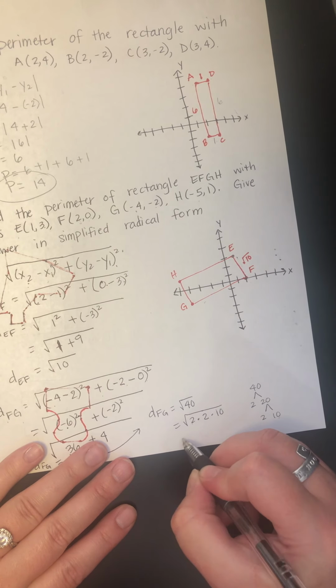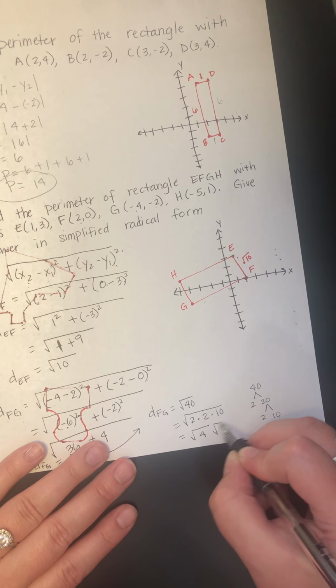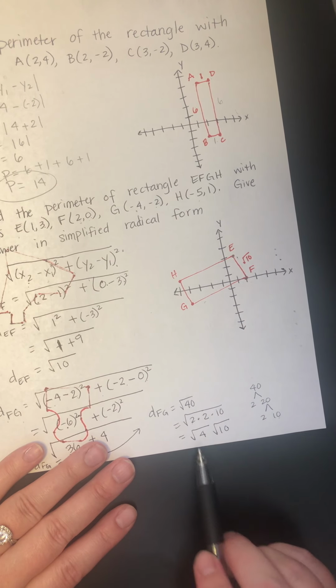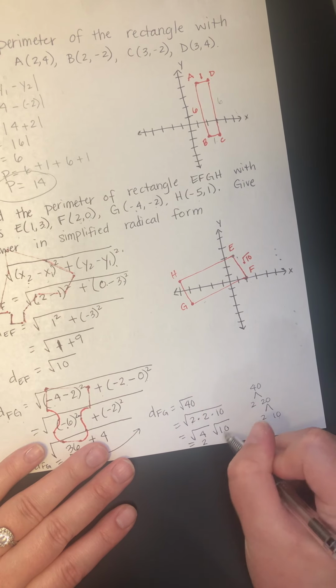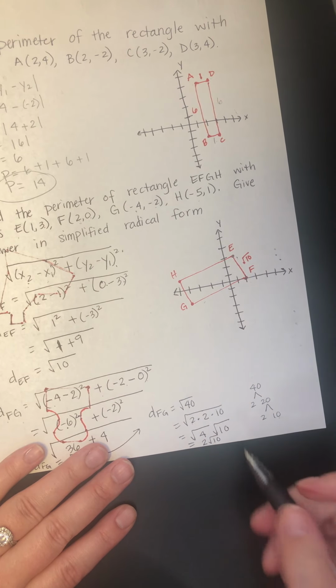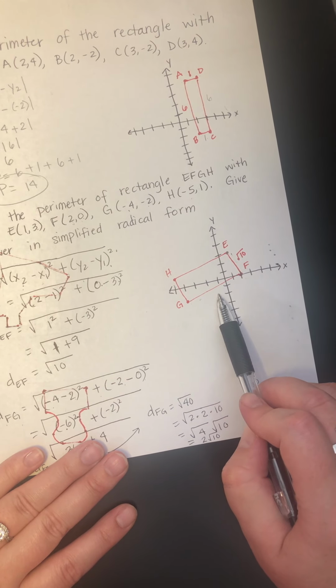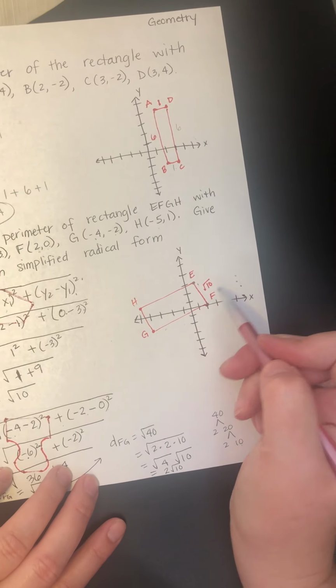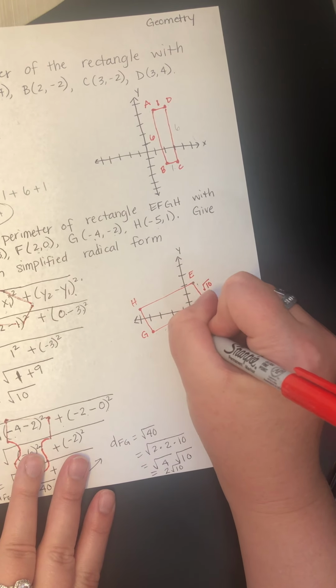So 2 squared, or 4, times 10 is 40. We know the square root of 4 is 2, and we're going to leave the square root of 10. So the distance from F to G is 2 times the square root of 10, and we're leaving it that way so that these guys are the same and they are congruent.